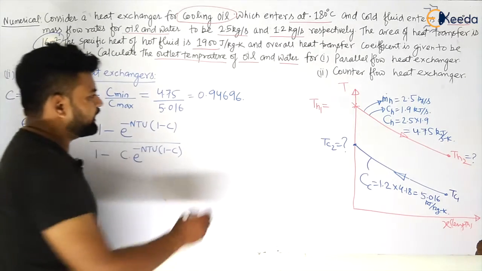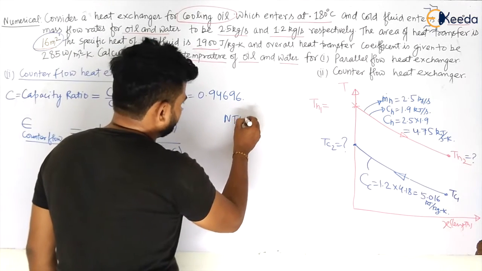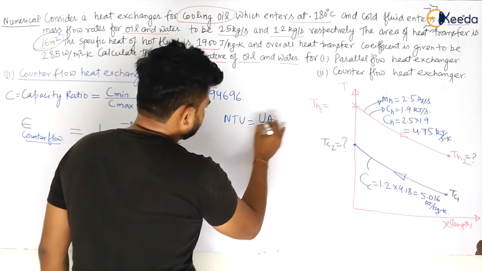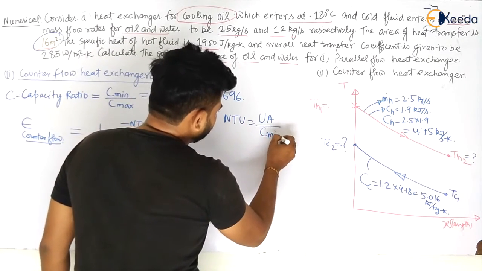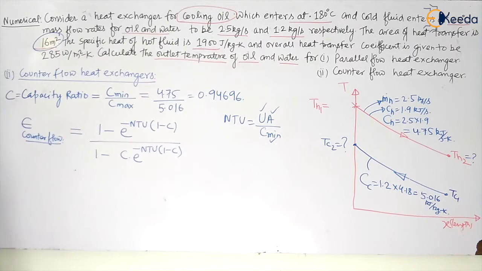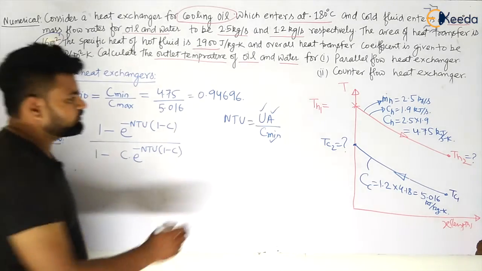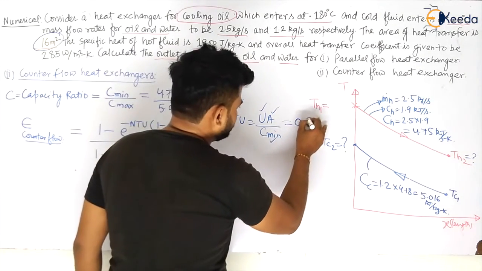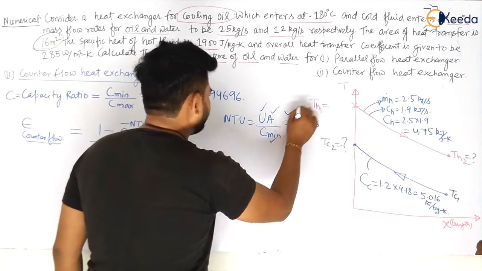Can I calculate the NTU again? Yes. The number of transfer units will be given by UA by C minimum, and this will be same because U is same, A is same, C minimum is same. So the NTU for this case will be 0.96. We have calculated it.